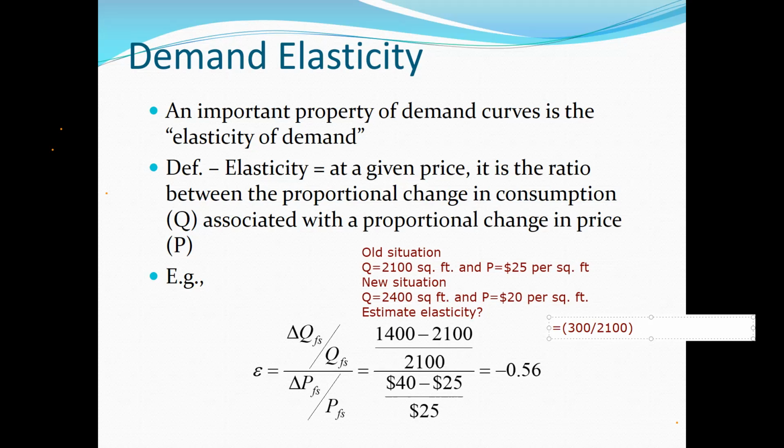Then you divide this whole thing by the change in price divided by the original price. The change in price is 20 minus 25, divided by 25. So 20 minus 25 is negative 5, so I'll just do 5 divided by 25, and then put a negative sign in front of that.